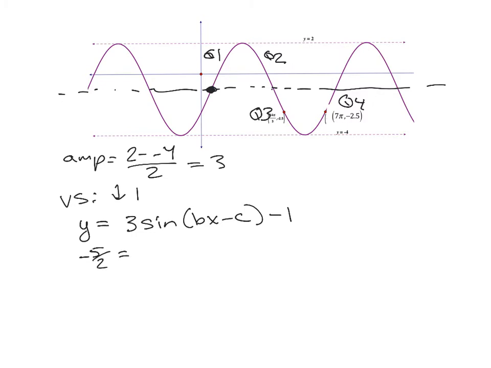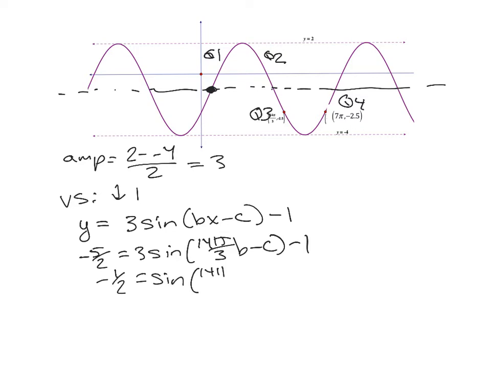Negative 5/2 equals 3 sine of (14 pi over 3 b minus c) minus 1. So if I add 1, that will make negative 3/2, divided by 3 is negative 1/2. So negative 1/2 equals sine of (14 pi over 3 b minus c).